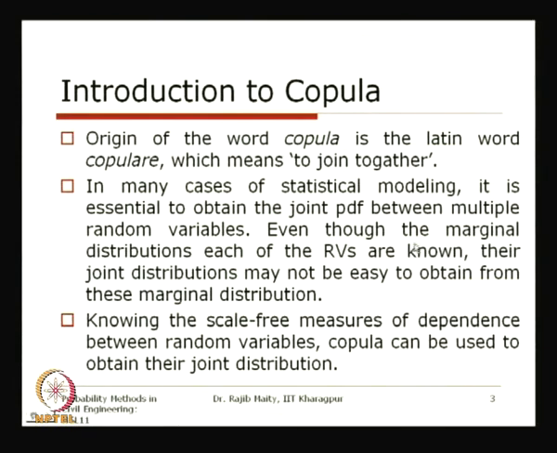Even though sometimes the marginal distributions of each of the random variables are known, their joint distribution may not be easy to obtain from these marginal distributions. We have discussed this earlier also: we know what the marginal distribution is, but unless there are very specific cases, we cannot conclude what their joint behavior should be.